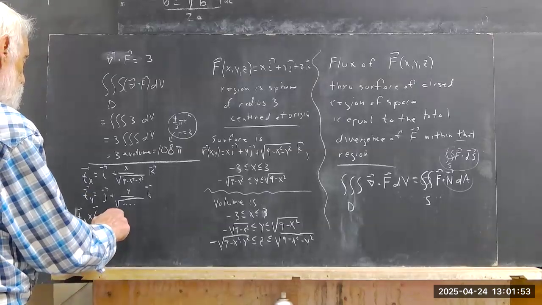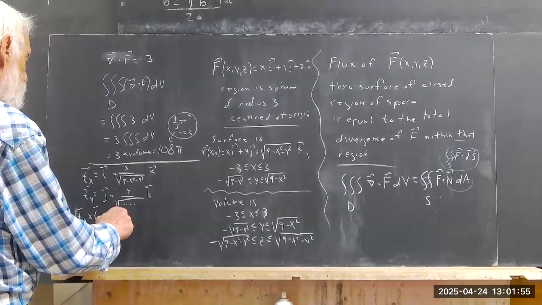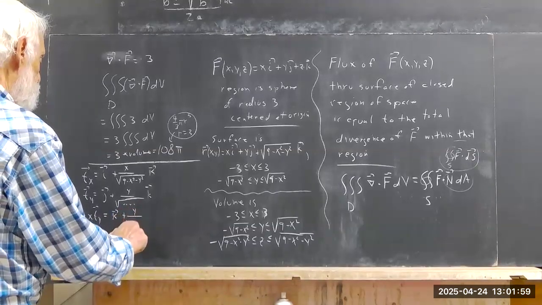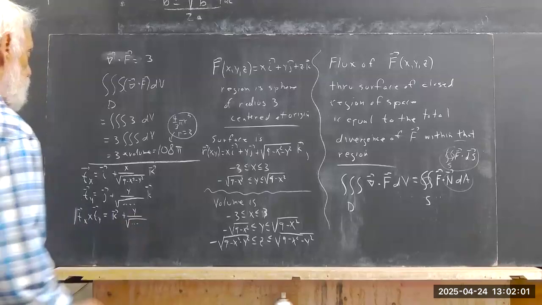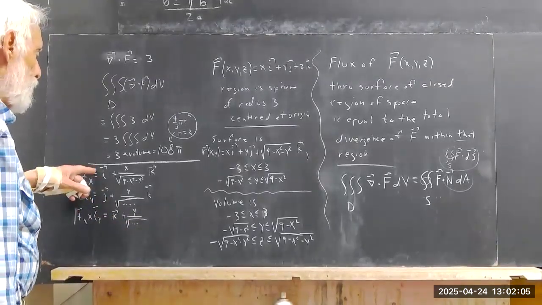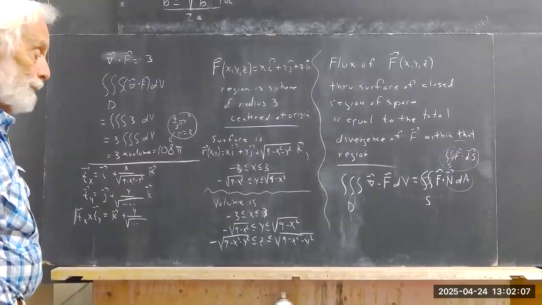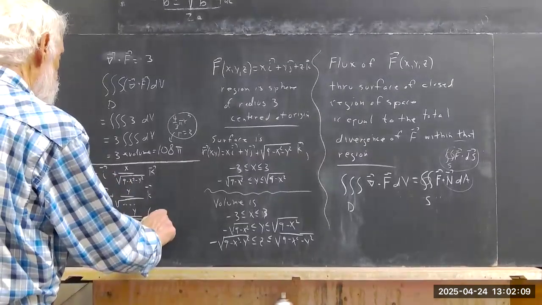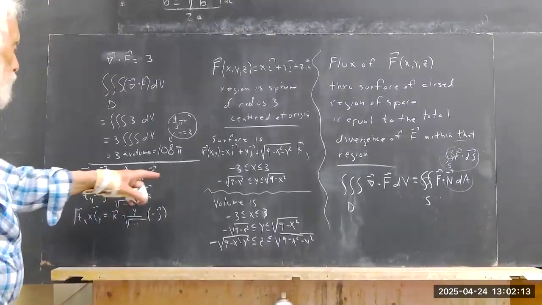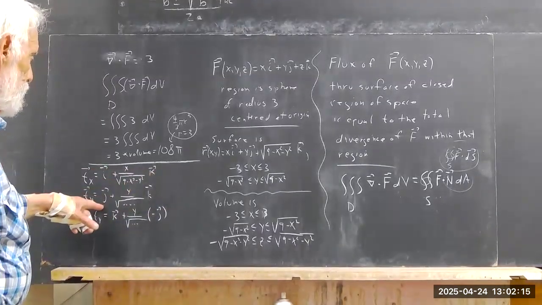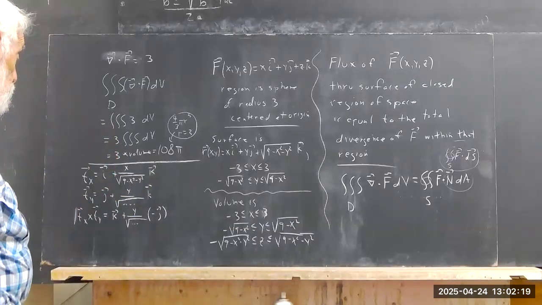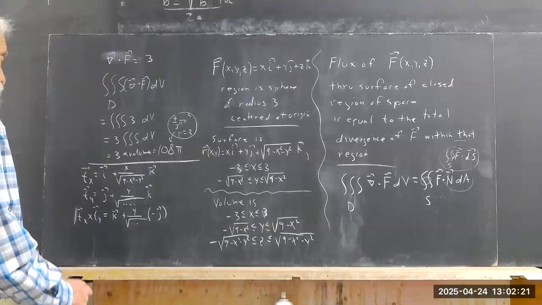That's going to give you k. Then you're going to have y over that square root times i cross k. Then you're going to have this k cross j with this coefficient. k cross j is negative i.